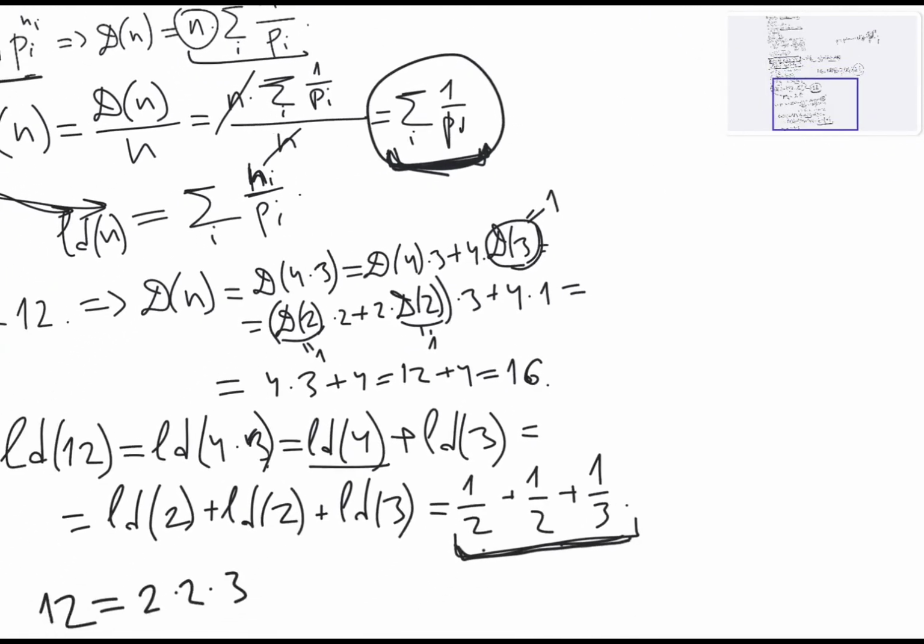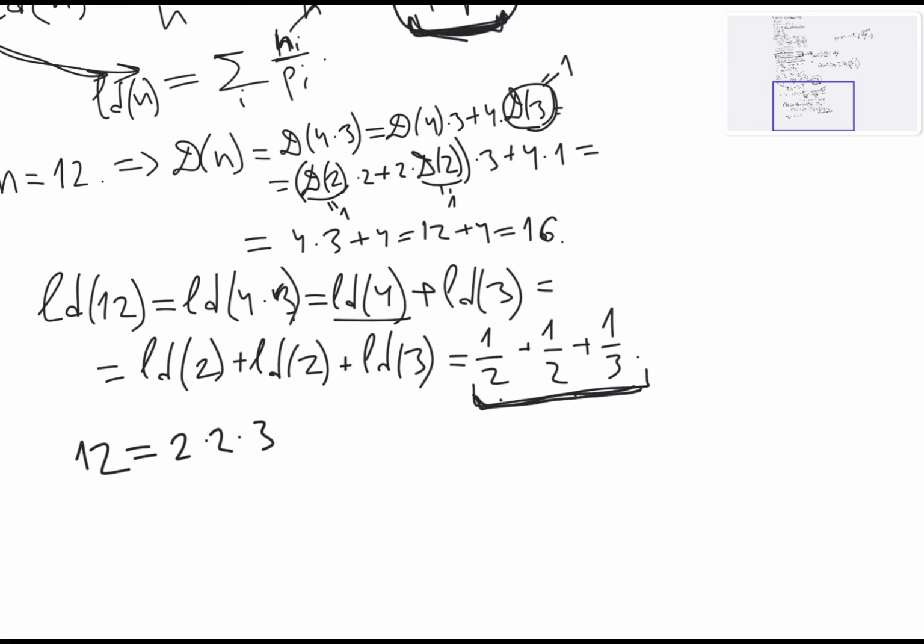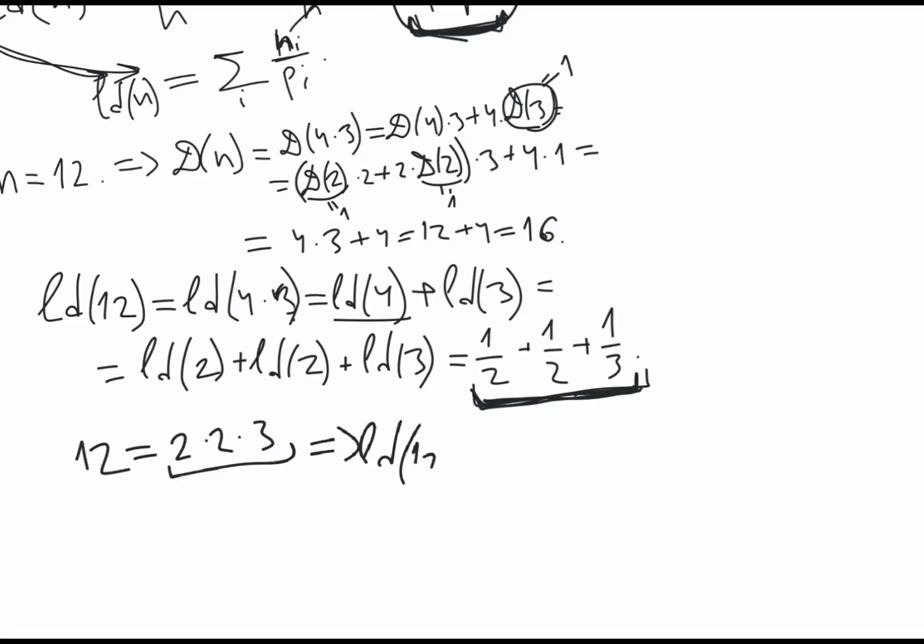But anyway, for 12 we see that this is exactly what it is. 12 is represented as this, so then the logarithmic derivative of 12 is equal to this sum, 1 over 2 plus 1 over 2 plus 1 over 3.